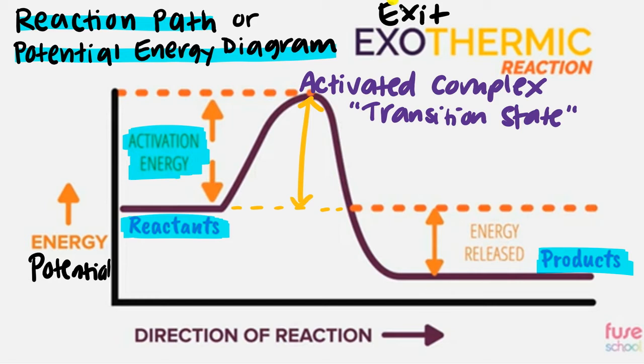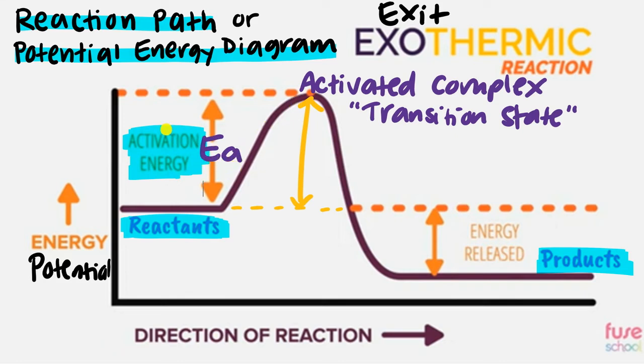So this is your activation energy, the distance between the activated complex and the amount of energy that the reactants have. And so we give activation energy this symbol. It is EA, a capital E, lowercase a, capital E for energy, lowercase a for activation.